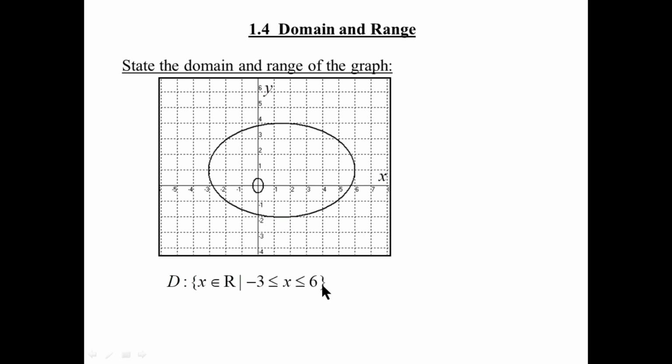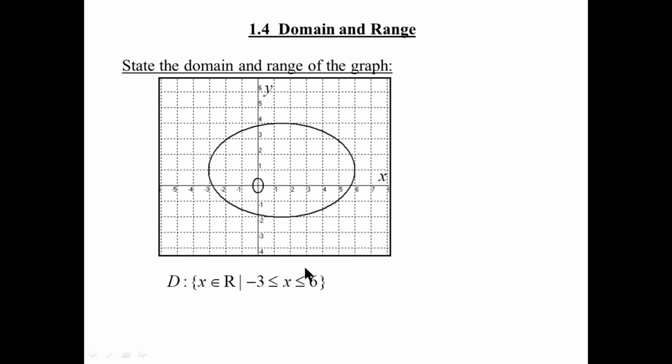And these signs have to be less than or equal to signs, like this. So here we have the statement of the domain. Domain is the set of x is in real numbers such that -3 is less than or equal to x, which in turn is less than or equal to 6.